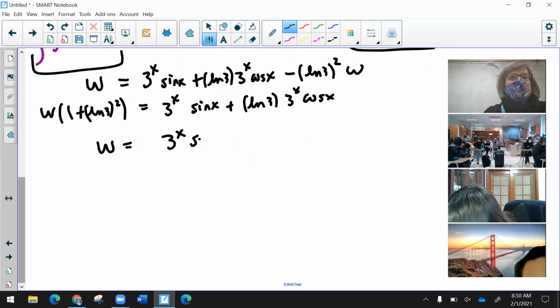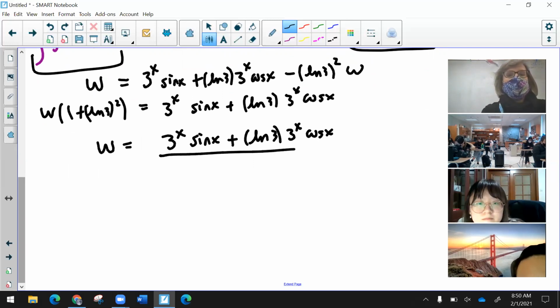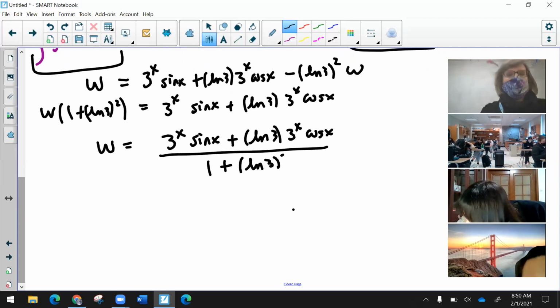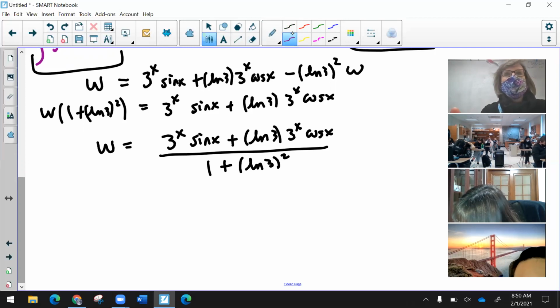Divide both sides by what's hanging out there. What happened to the other W? I brought it over the other side and factored it out when I was over here.